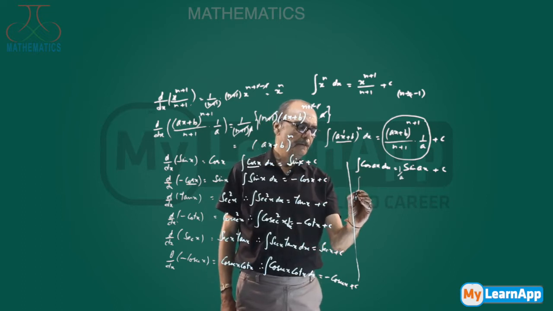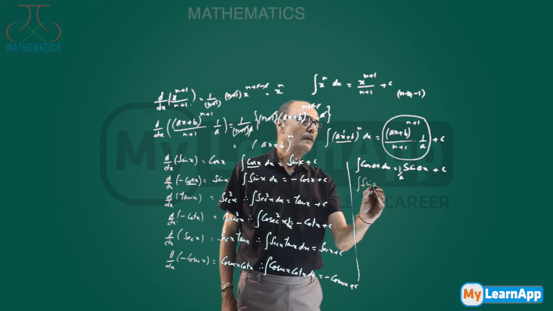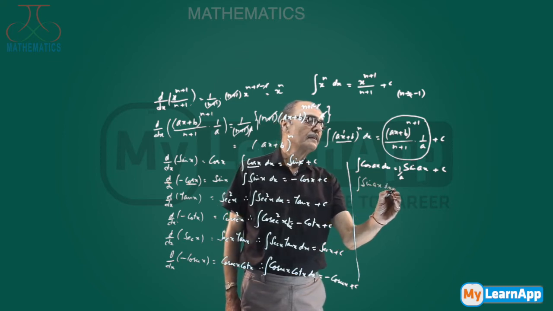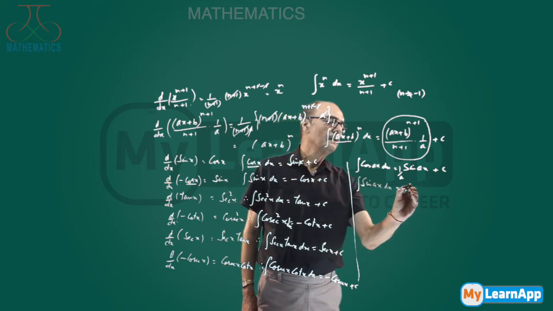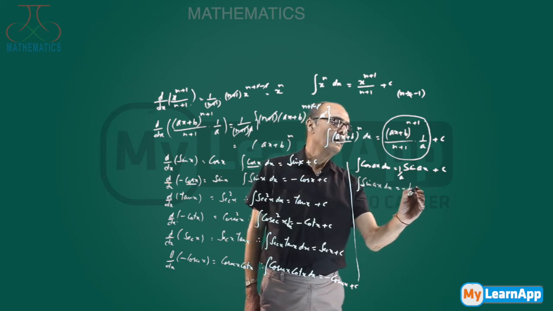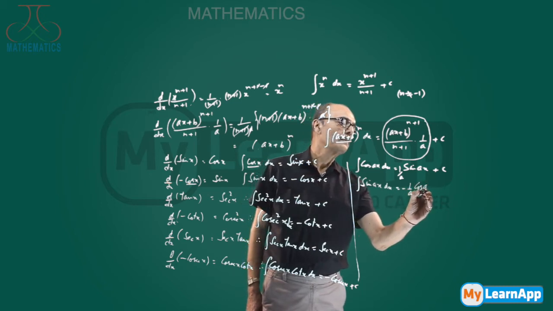Then integral of sine of x dx is minus 1 by a cos of Ax.